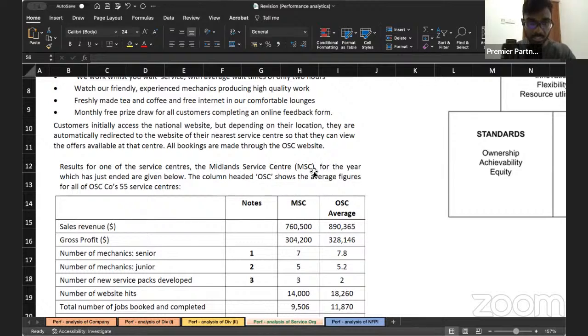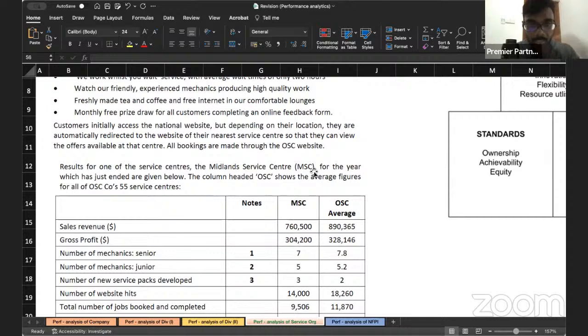So it tracks your location, and then they suggest the website of the nearest service center to you. So you are taken to that website. Firstly, you access the national website, right? The national website tracks your location, and they take you to the website that is very near to your location.